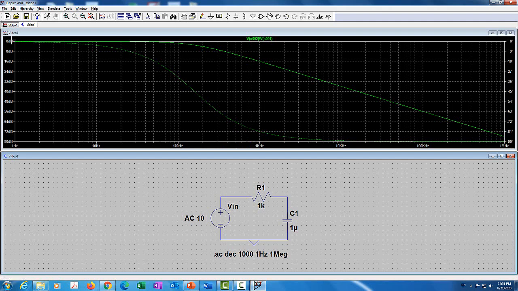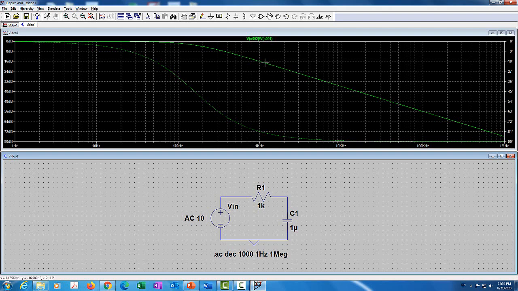What's important here is that the gain is 0 dB at low frequencies, and then at some corner frequency, somewhere around here, it starts to drop linearly. The slope here is negative 20 dB per decade.